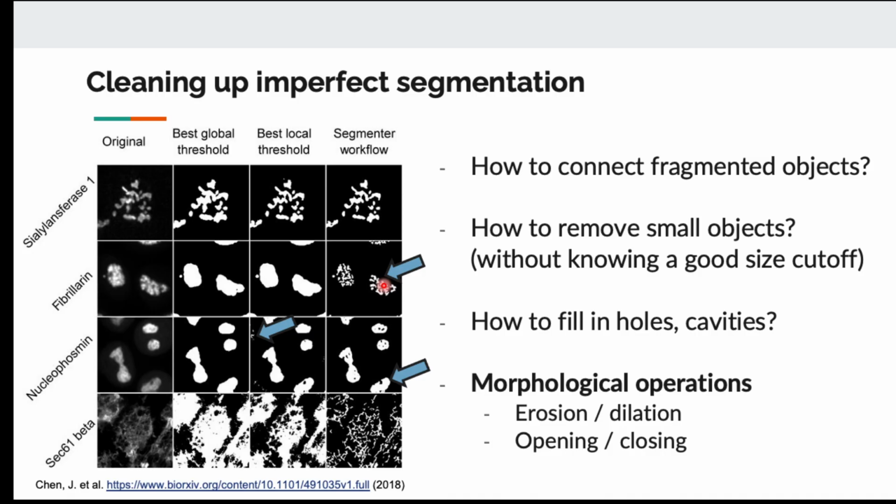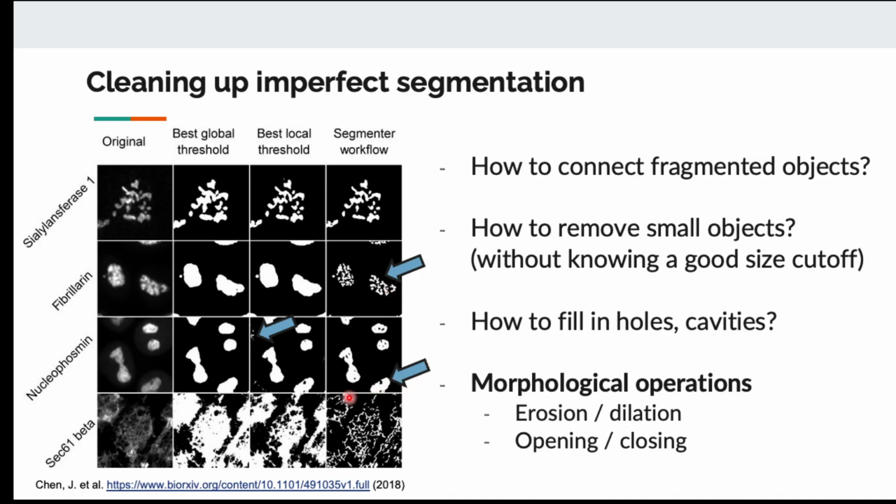So the next type of techniques that we want to talk about is how we can connect these fragmented, dotted objects. Because by eye, you can tell that this must form a single nucleus, a single cell. But because your signal is so spotty, no matter how you analyze, you see separate small particles.